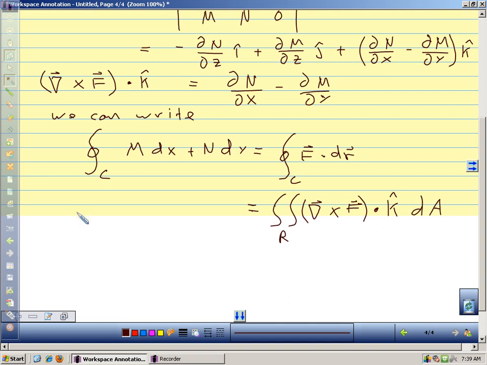All right, now we're going to look at the normal component. We talked about the tangential component of f. Now we're going to do something similar for the normal component of f.